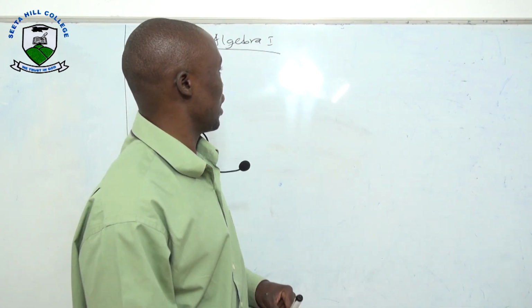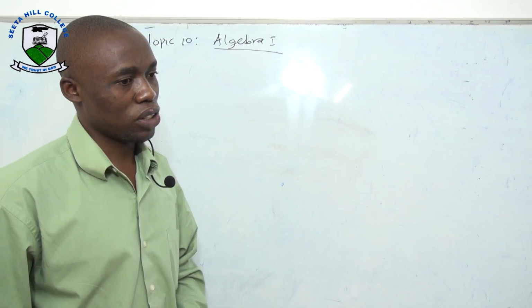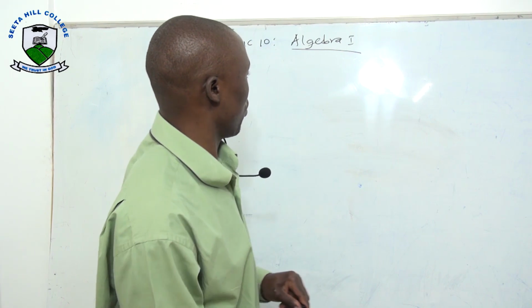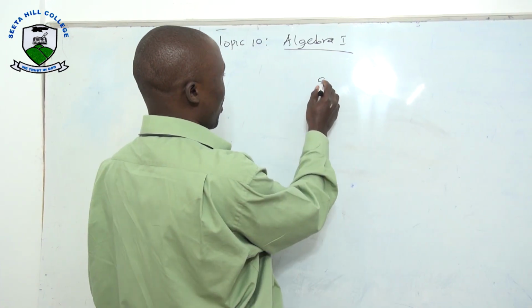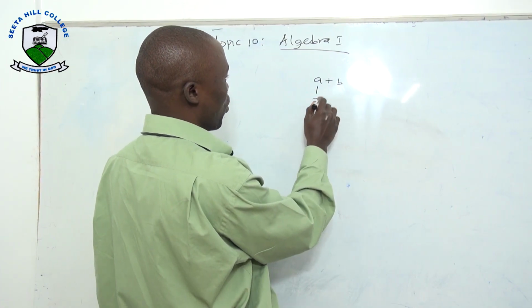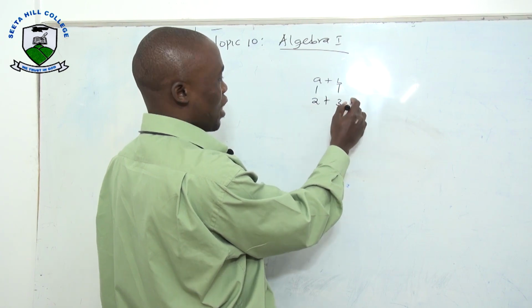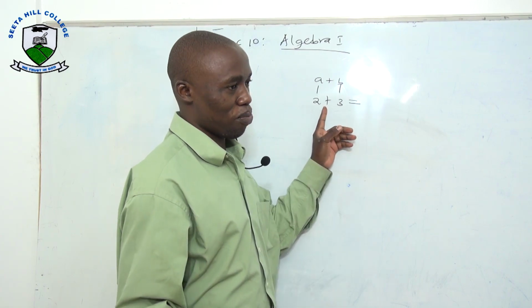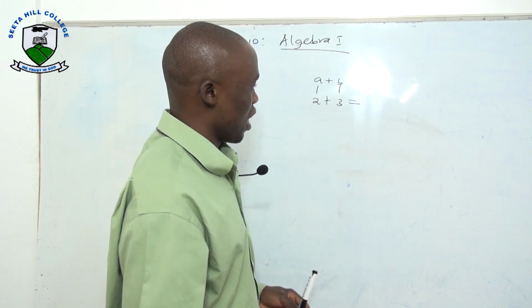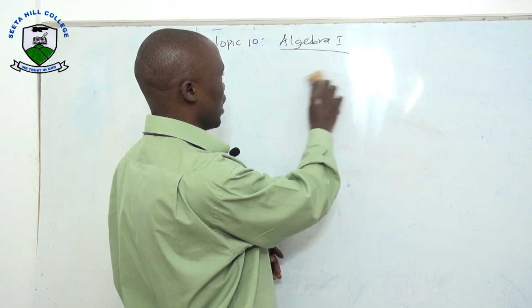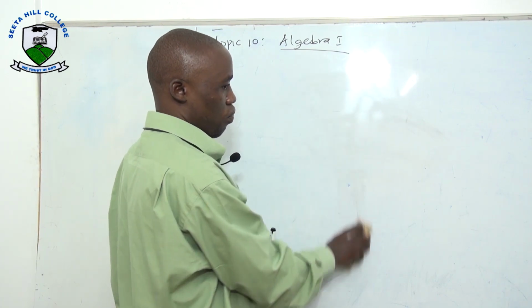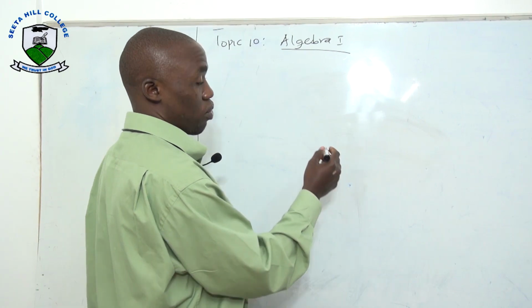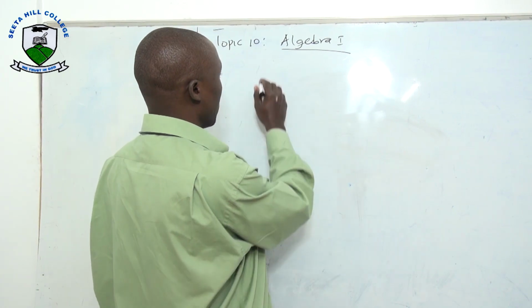Algebra is just change from use of numbers to letters. Instead of using numbers, where you'd have a plus b can be 2 plus 3, and here you'd know the answer direct. Algebra is just the math of letters instead of numbers, but of course we can mix in also numbers here.